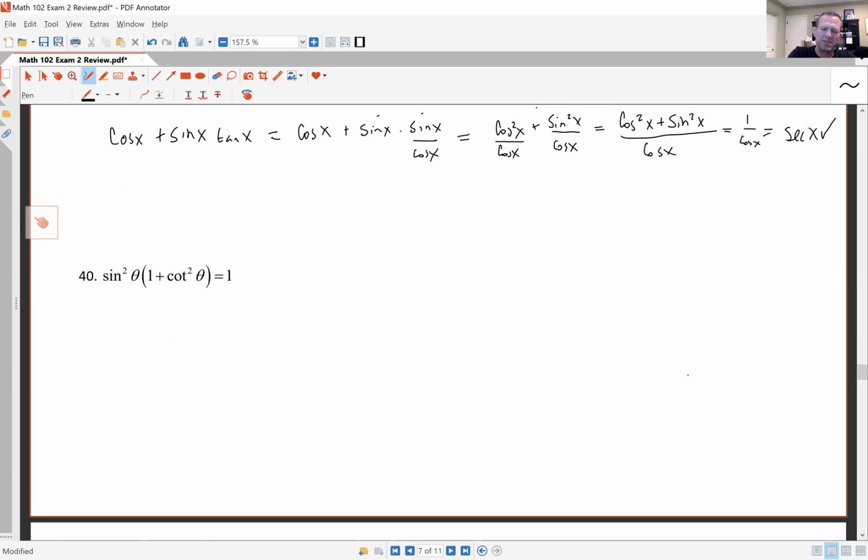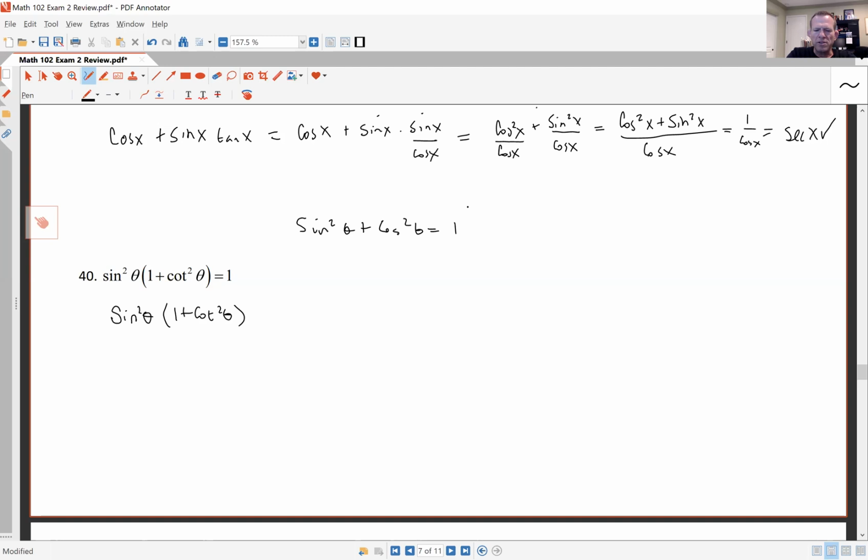And the next one, sine squared theta times 1 plus cotangent squared theta equals 1. When you see things like cotangent squared or tangent squared, you have to remember that the trig identity, sine squared plus cosine squared equals 1, gives us two identities in cotangent squared and tangent squared.